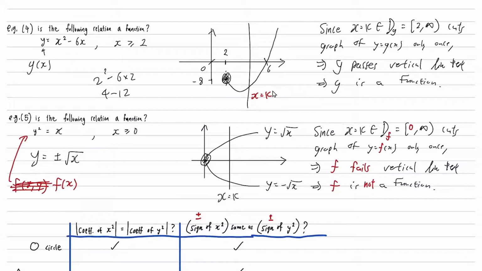Let me read again. Since x equals to k, an element of Df, domain of f, equals to 0 to infinity, cuts the graph of y equals f of x only once. Oh, that's wrong. Sorry, I shouldn't use a generic letter k anymore when I'm trying to come up with a counter example. You need a concrete example. So let's just say x equals to 1.